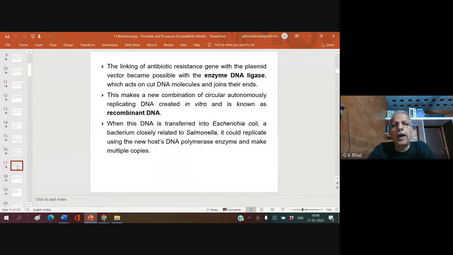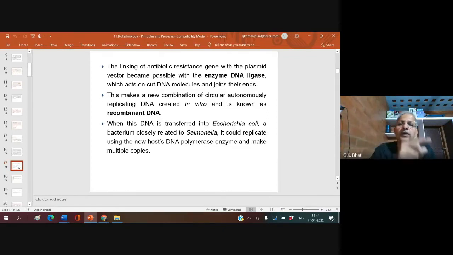Look here now. The linking of the antibiotic resistant gene with the plasmid vector became possible with the enzyme DNA ligase. What is a DNA ligase? DNA ligase is the enzyme required to join the cut ends, which acts on a cut DNA molecule and joins their ends.